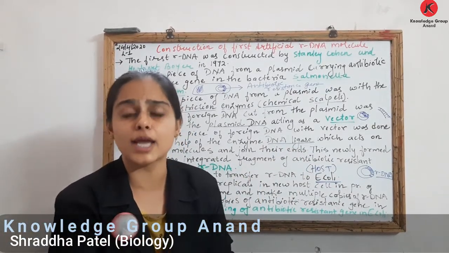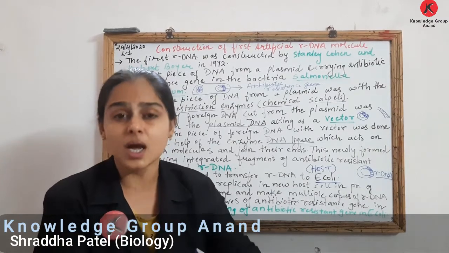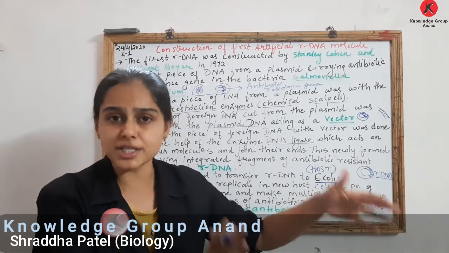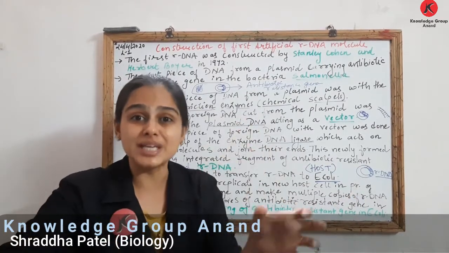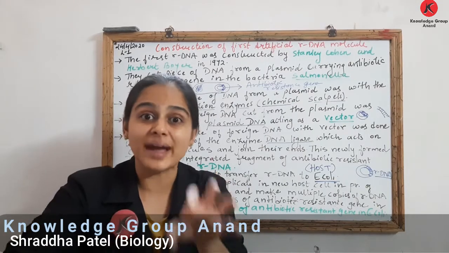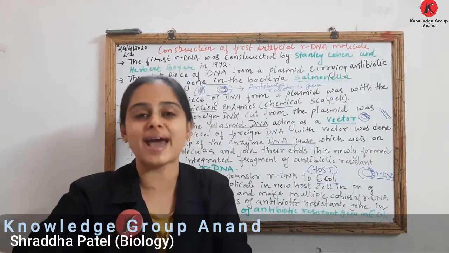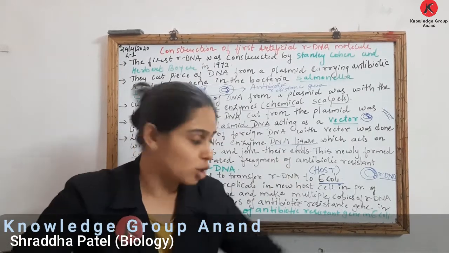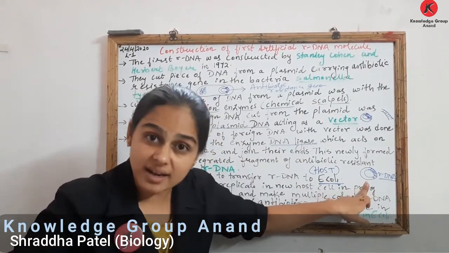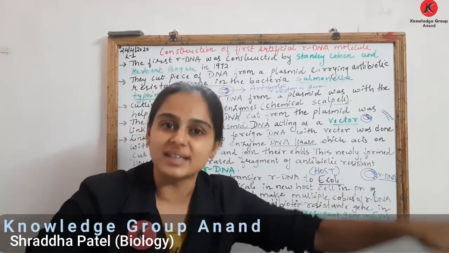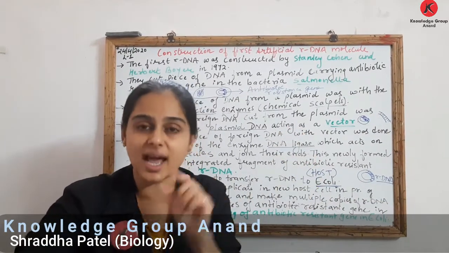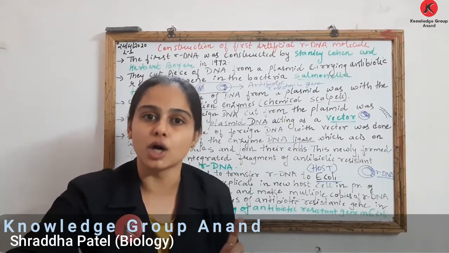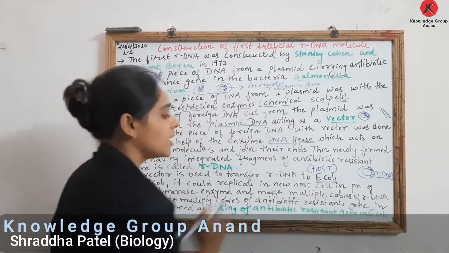You people have understood malaria, right? What happens in malaria? Your malarial parasite, that is Plasmodium, is carried by a mosquito, the female Anopheles. So there the female Anopheles acts as a vector, a carrier that carries the malarial parasite. Similarly, in biotechnology, a vector carries our gene of interest. Alright, your vector carries your gene of interest, and you transform it into a host cell, that is E. coli.